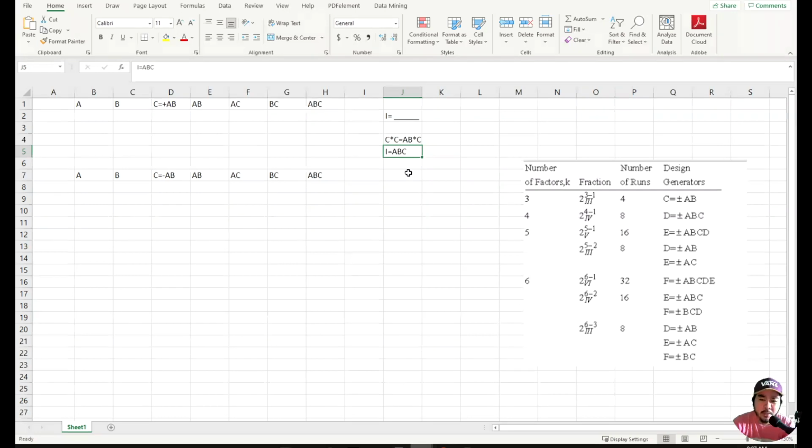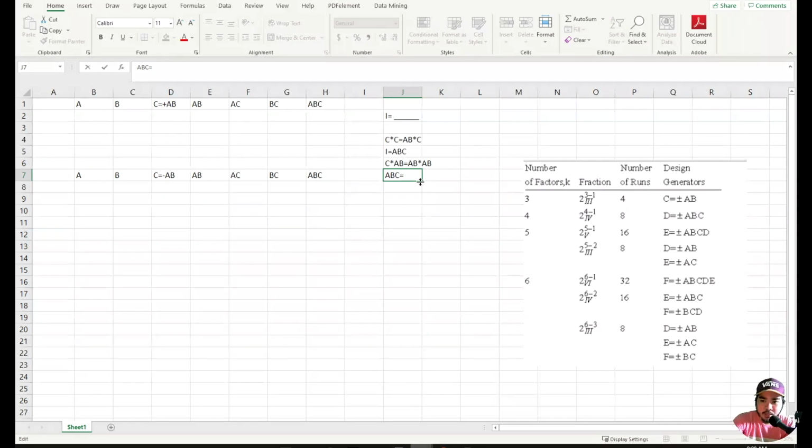So another method is we just square the design generator. So pwedeng instead of doing I is equal to ABC, pwede ring we square the design generator, and design generator natin is AB. So C is equal to AB, multiply by AB is equal to AB times AB. And both methods will work, no? If you do this, it becomes ABC is equal to I. Tama?